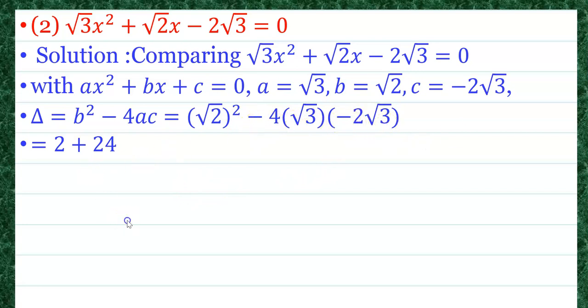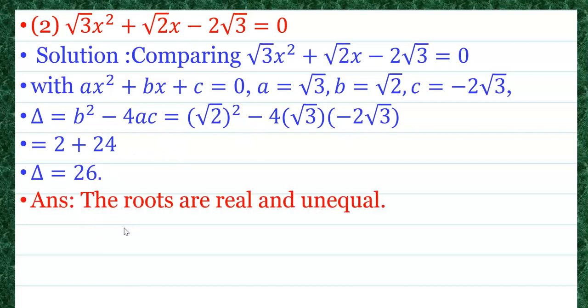Minus minus becomes plus, and therefore delta is equal to 26, and therefore the roots are real and unequal because delta is positive.